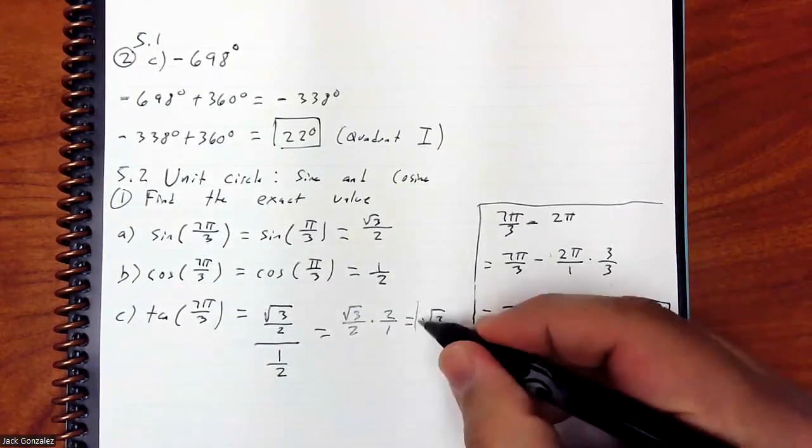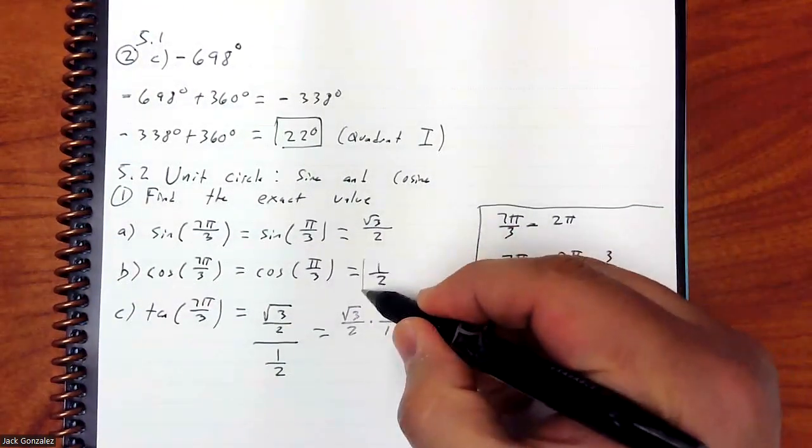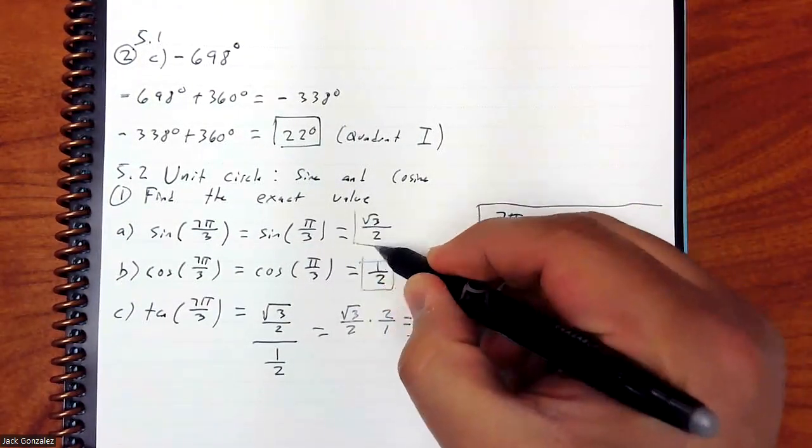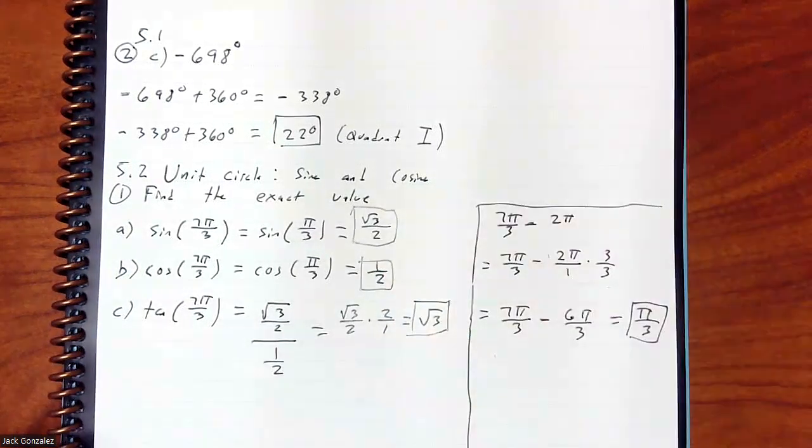Here we go. Any questions on A, B, or C? So if I told you find all six trig functions here, would you be able to do it? Right, secant, cosecant, cotangent. That's the other, right?